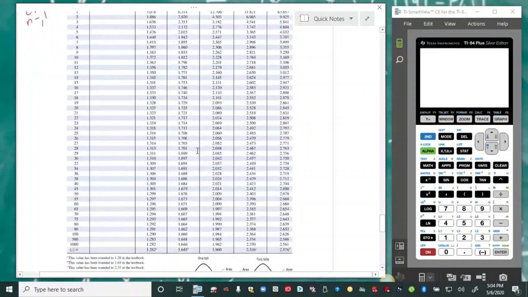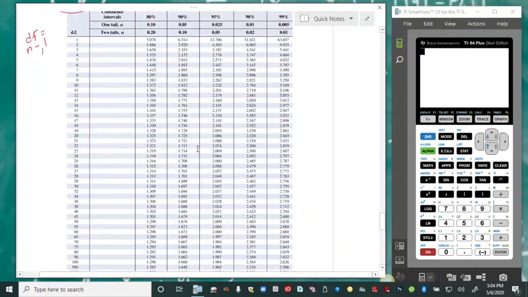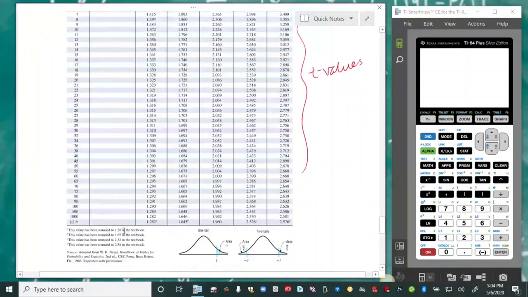So all of these values in the middle here, these are all t values. But you'll notice as our sample sizes get bigger, our t values get closer and closer to these values, which are the z-scores. And these are the z-scores that line up with areas under the normal curve.